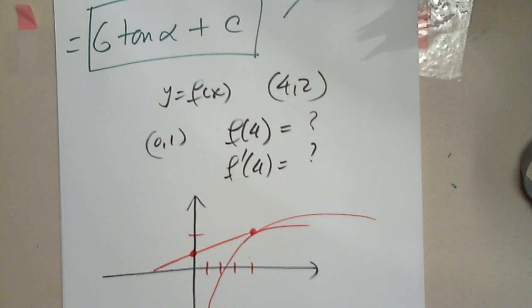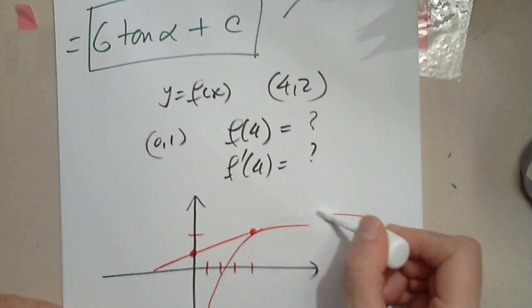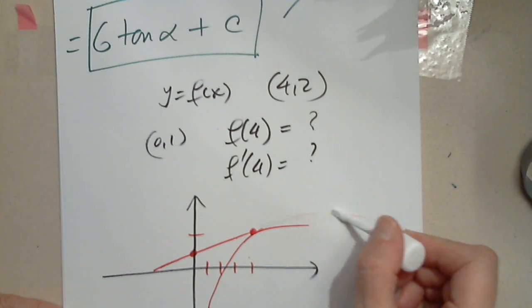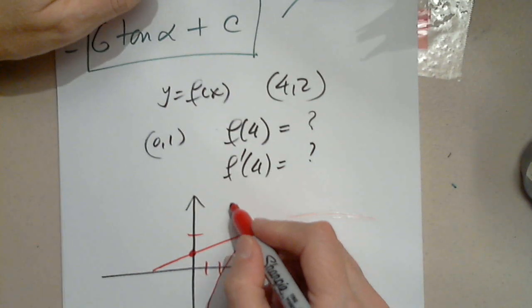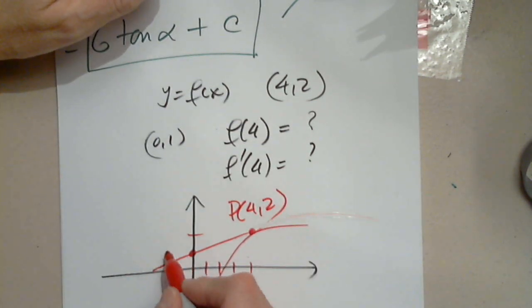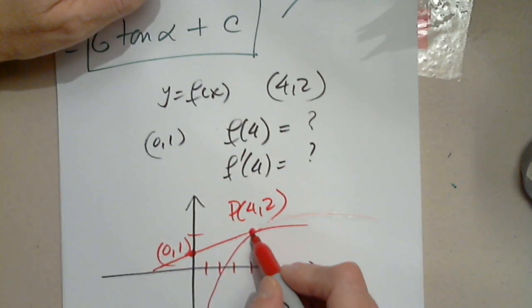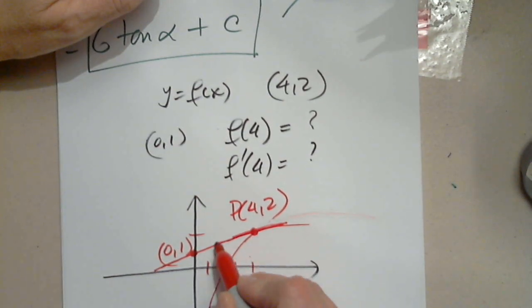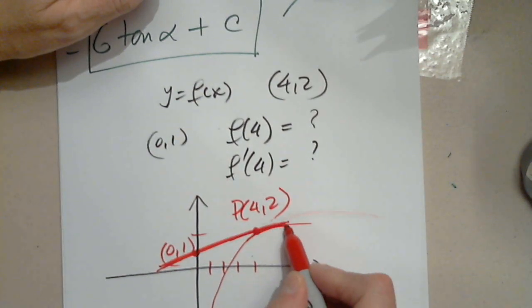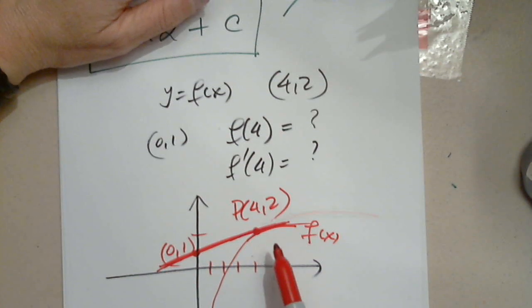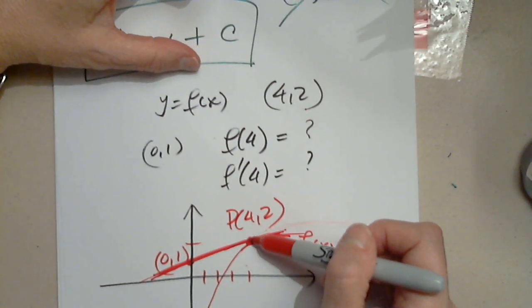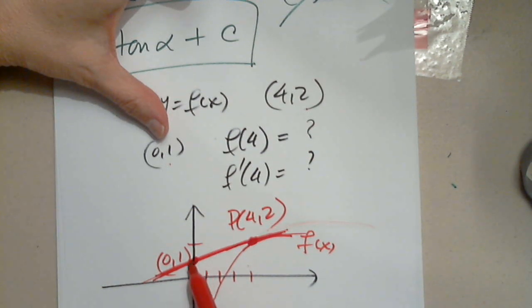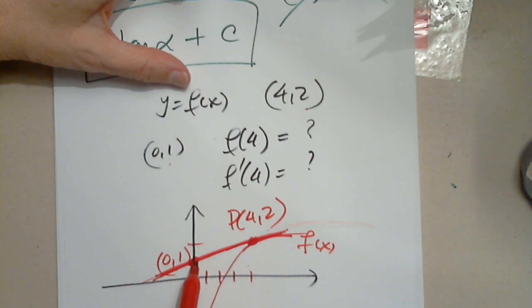So the tangent to the graph of f of x at the point P, (4, 2), this is the point (0, 1), and this is our function f of x. So at this point, this tangent at (4, 2) also passes through this point.